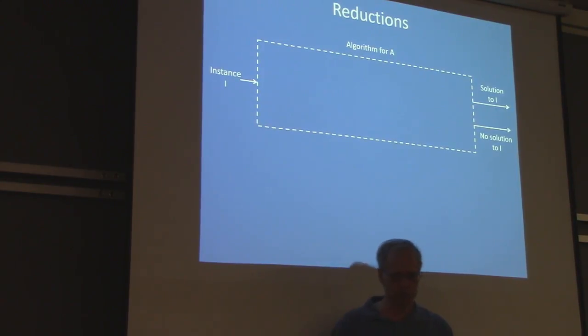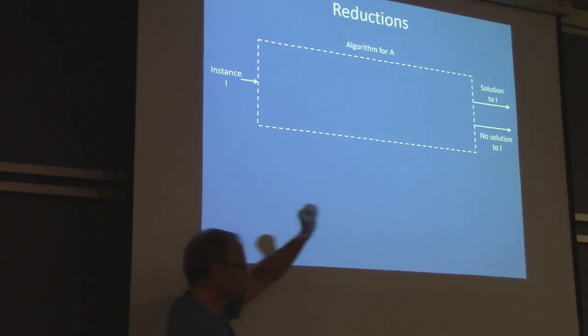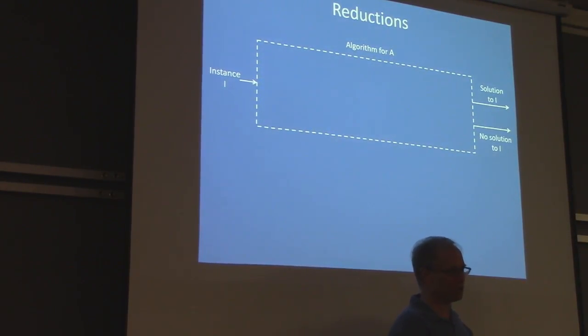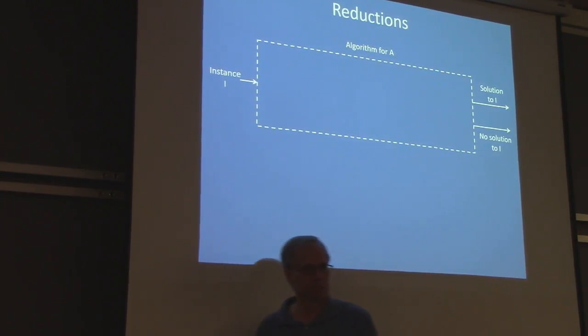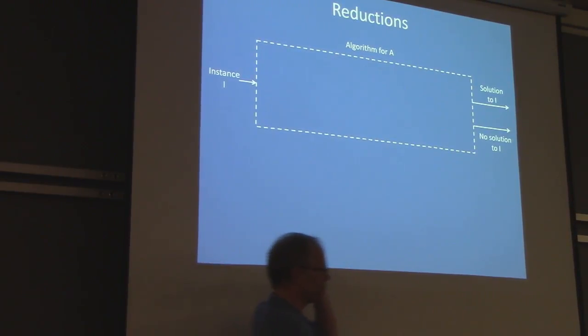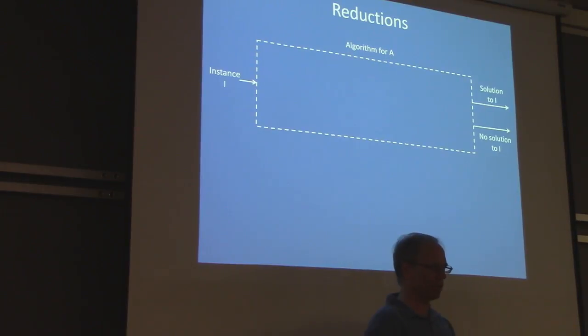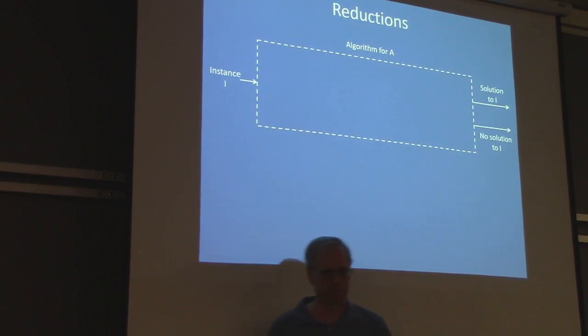So this is an algorithm for a search problem. You might put in a graph, and out the other end comes a Hamiltonian cycle for the graph, if one exists, or the algorithm reports there is no Hamiltonian cycle for the graph. Or it might take as input a set of integers, and produce as output a subset that adds up to some number, or report that there is no subset that adds up to that number.